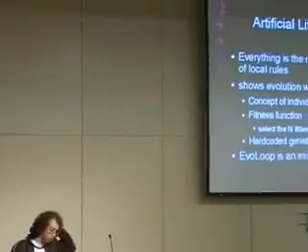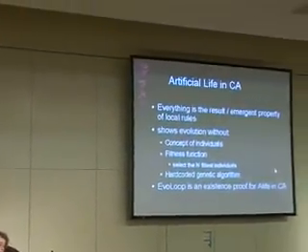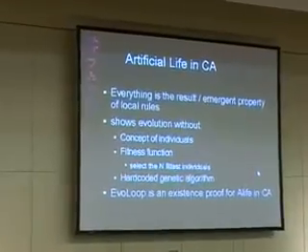So this is, I think, the closest to artificial life we really have, because we don't need a fitness function, a concept of individuals, or hard-coded genetic algorithms. It all happens out of the inner dynamics of the system. And the evo loop rule I showed you is an existence proof of artificial life in cellular automata.